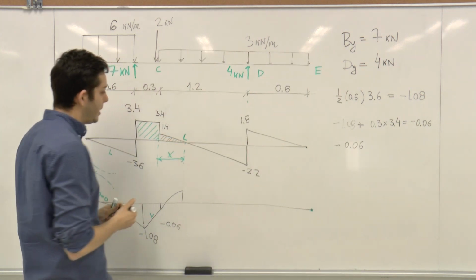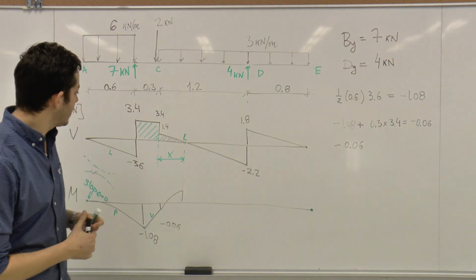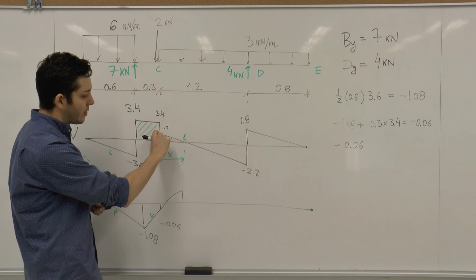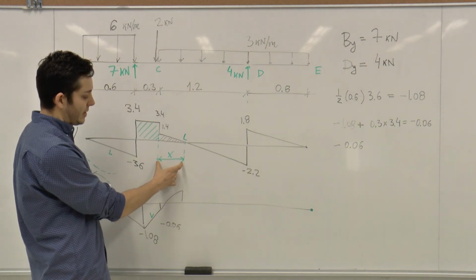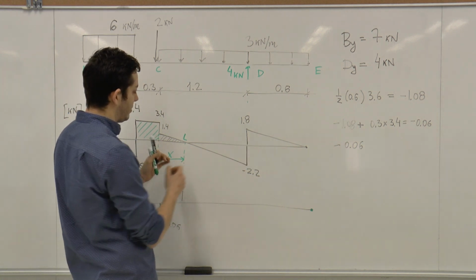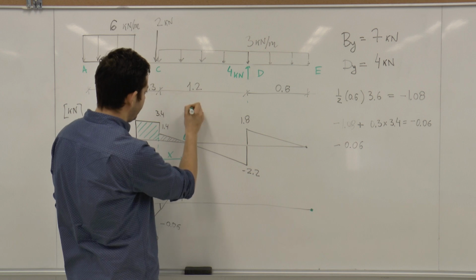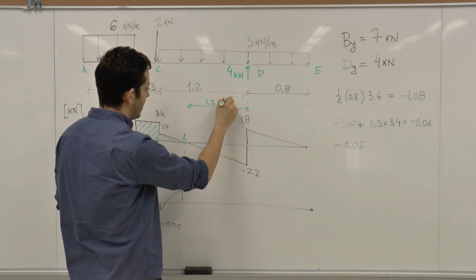But before, we need to find what is x. It's easy to find what is x because we know this value is 1.4, this value is 2.2. We need to find this x, but we also know that the total length here is 1.2. Means that this one is going to be 1.2 minus x.